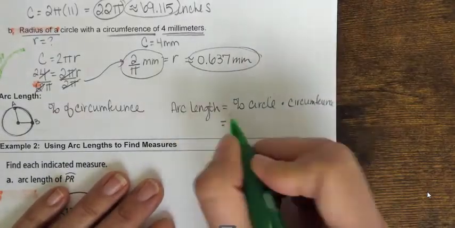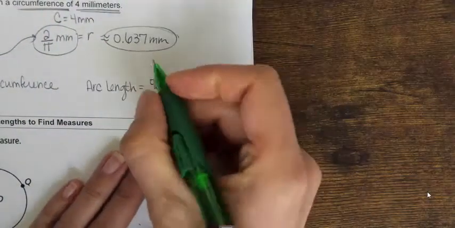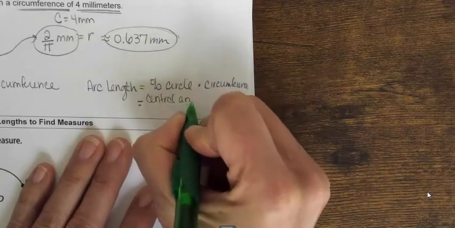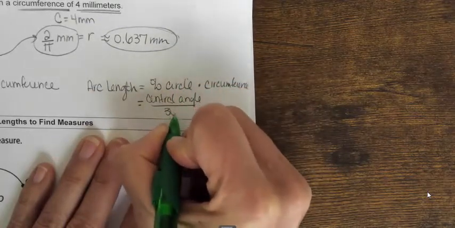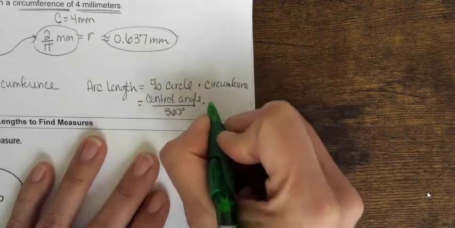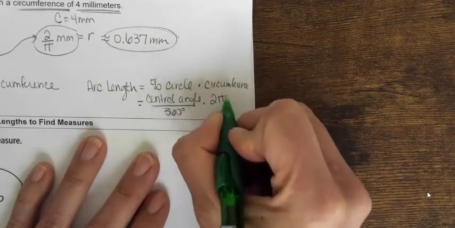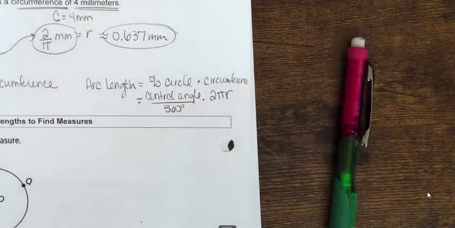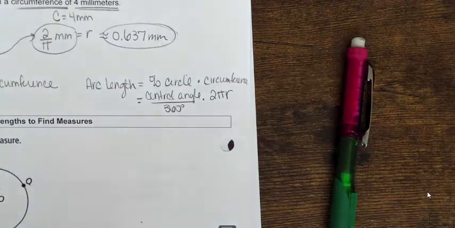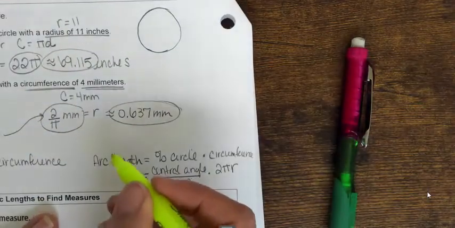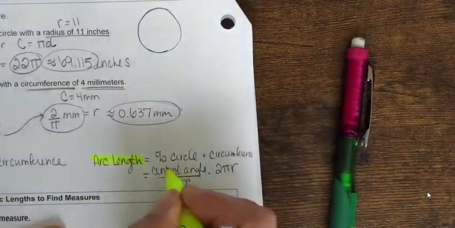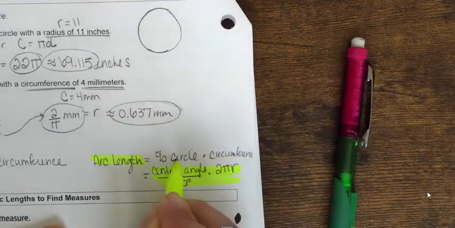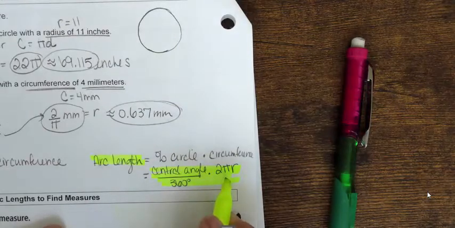Or in other words, we'll do the central angle, divide that by 360 degrees, and then multiply that by the circumference, which is 2 pi r or pi d, depending on what you've been given. Let me highlight that because that's quite important. Arc length is always going to be the central angle over 360. That gives you the percent of the circle, and then you multiply it by the circumference.